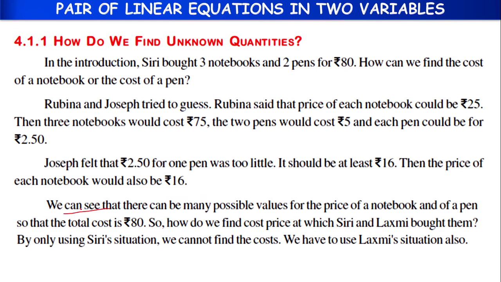So we can see there may be as many possible guesses for notebook and pen such that the total cost will be 80. We can have so many values for notebooks and so many values for pens such that if we add them, the total will be rupees 80.